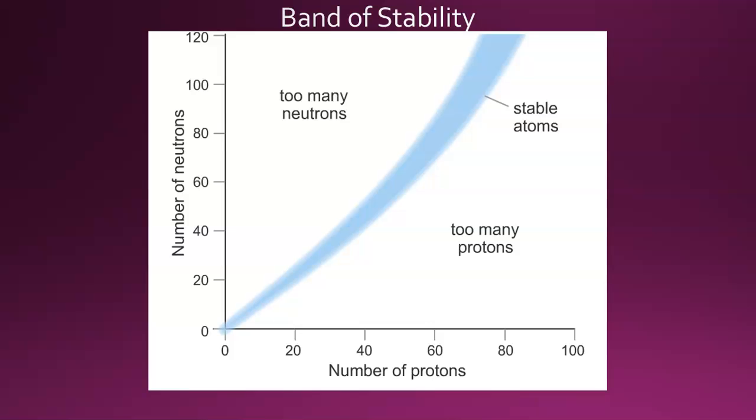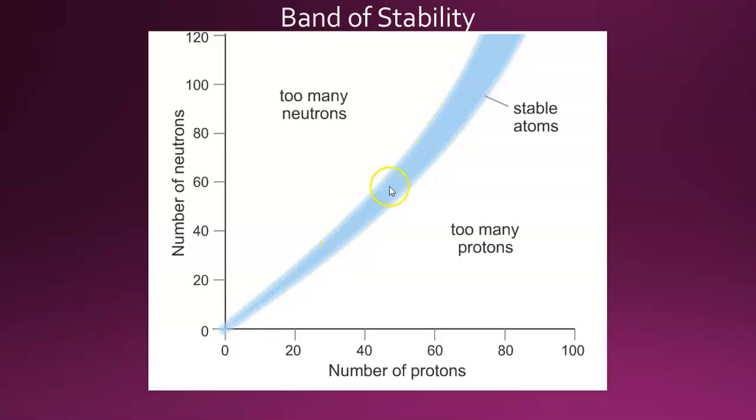Now, if you plot the number of neutrons versus the number of protons for various elements, you see that the neutron to proton ratio, like I said, equals 1 for elements up to atomic number 20, right? Within this region is a line of stable nuclei.